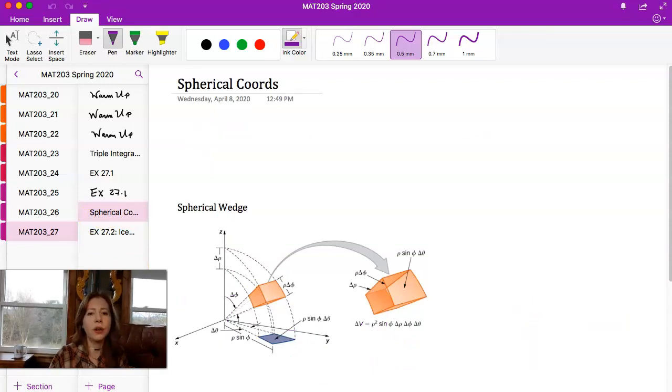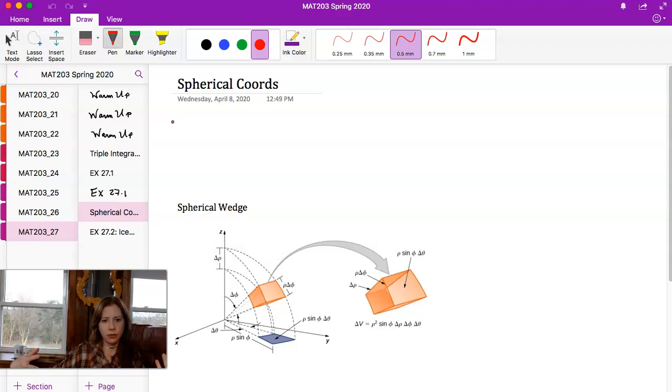So with spherical coordinates, we can still convert from Cartesian to spherical coordinates. And so this is a little bit different. So instead of r squared is equal to x squared plus y squared, we are going to now define the radius of a sphere as rho.